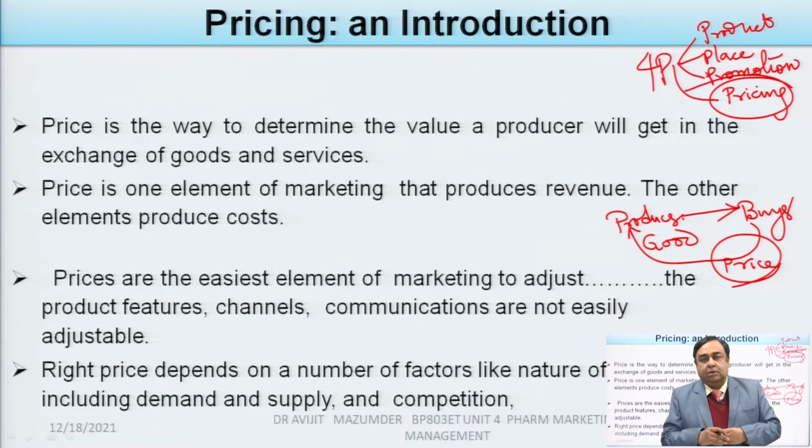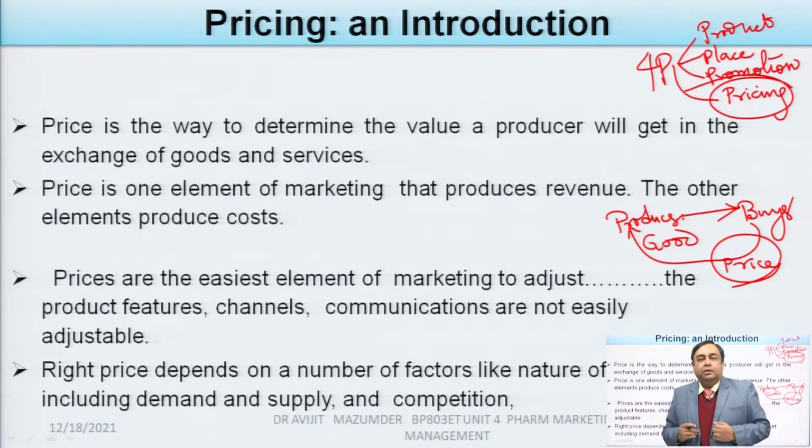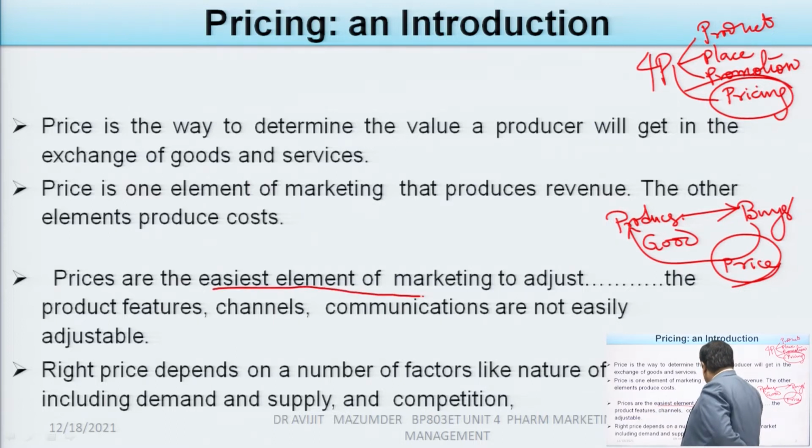They will have the impression that because the price is more, the quality should be good, and they will try to purchase your product. So, price is the easiest element of marketing to adjust.